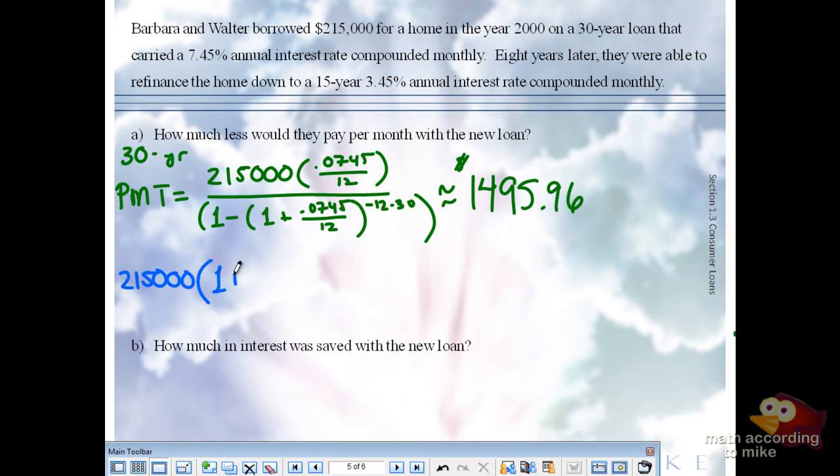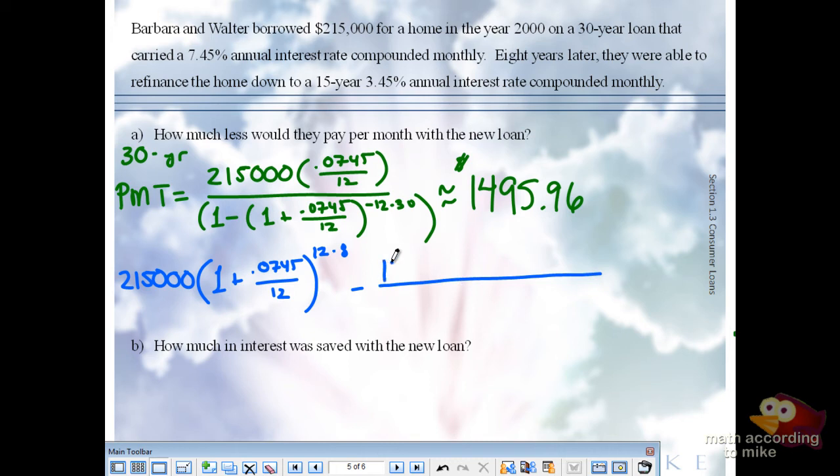times 1 plus 0.0745 over 12, raised to the 12 times 8. Remember that t in this formula is the number of years that you've paid for. And then minus this wonderful fraction.